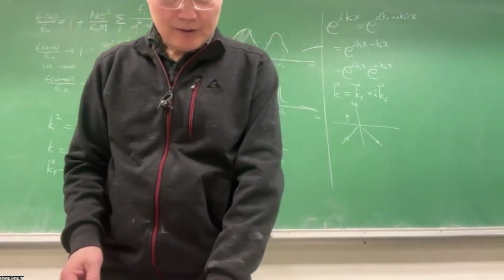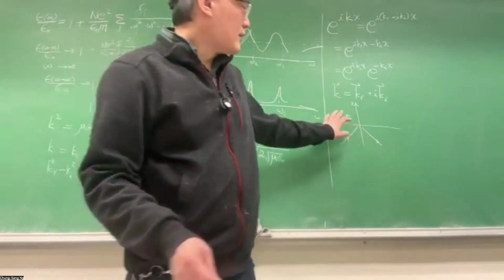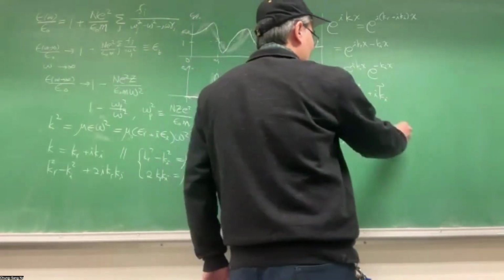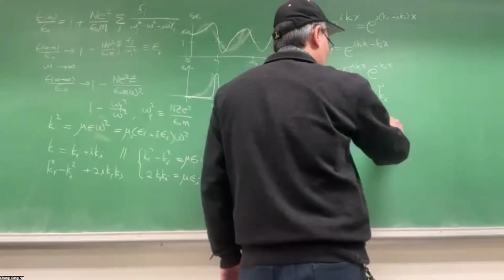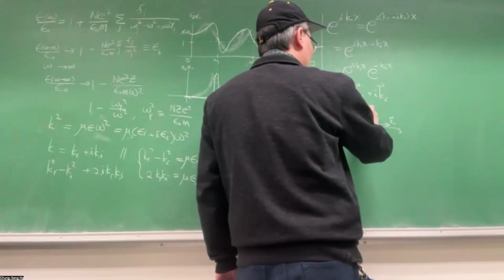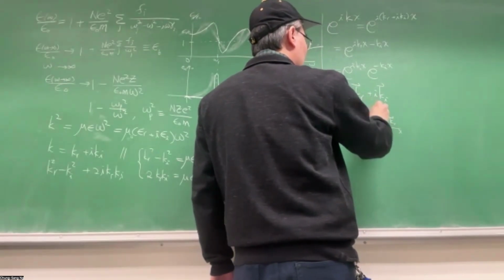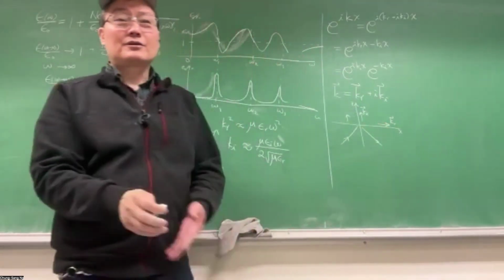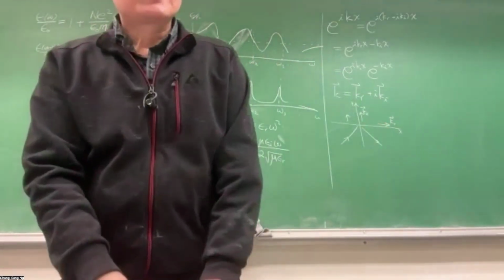In our case of total internal reflection, k_R is along the x direction and k_I is along the z direction, so they are perpendicular.